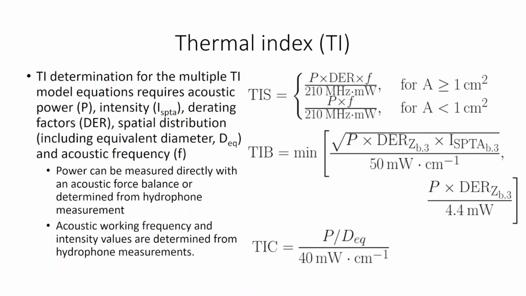TI determination for the multiple TI model equations requires a set of measured parameters, which is the primary subject of this discussion. These parameters include acoustic power, intensity, which is the measure of power transiting through a fixed physical area, derating factors that provide an allowance for the acoustic attenuation as it transits through tissue, the spatial distribution of the acoustic energy, and finally the acoustic frequency also matters.